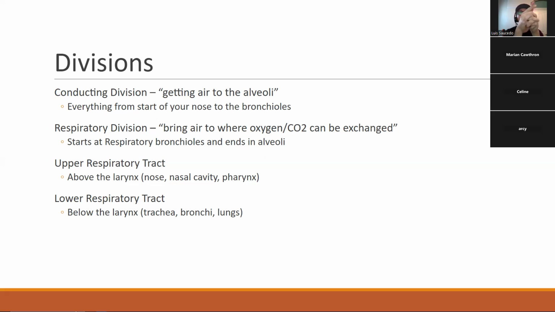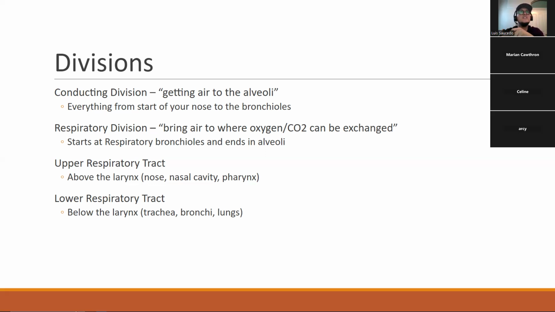As you can kind of see here, from nose to the bronchioles is conducting division. So those sections of the respiratory system aren't involved with actually absorbing oxygen and releasing CO2. They're just there to get the oxygen to where they need to go.